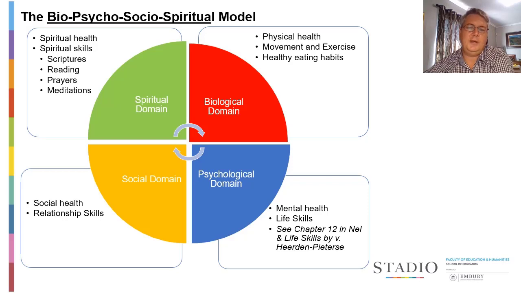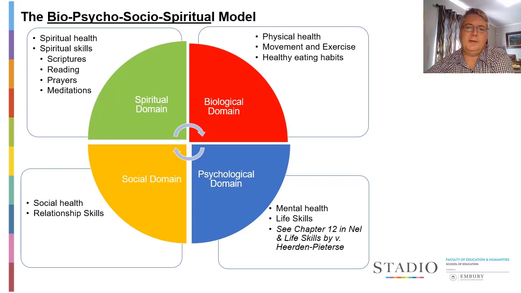When thinking about health, and in this case learner health or facilitating learner health, we can look at the biological domain, the psychological domain, the social domain, and the spiritual domain. His key concept around these four aspects is really balance, which we will look at in the next slide. But for now, let's look at the biological domain.